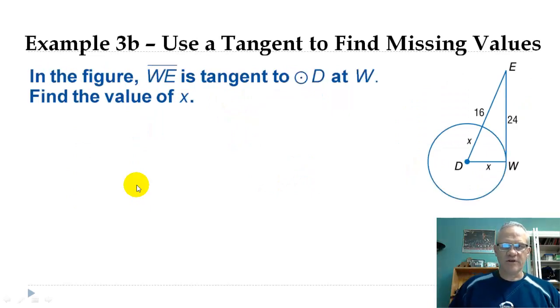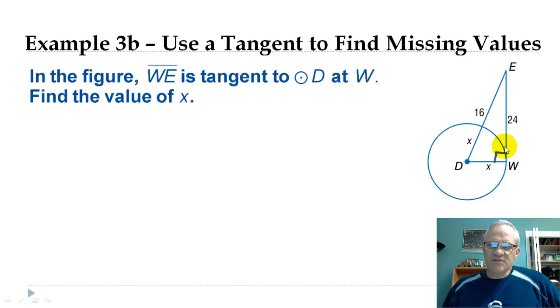Okay, let's look at one more like this. So same thing, it's telling us that WE is tangent. So it's tangent, which means this makes a 90-degree angle. The biggest thing to remember here, the thing that I've seen is the most confusing for people, is making sure the right angle is 90 degrees. Did you get that?